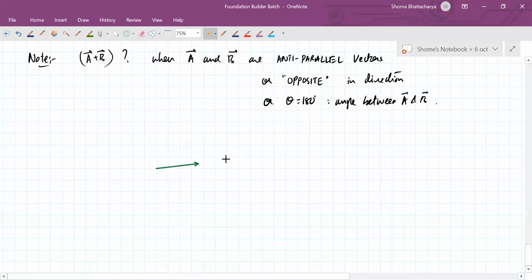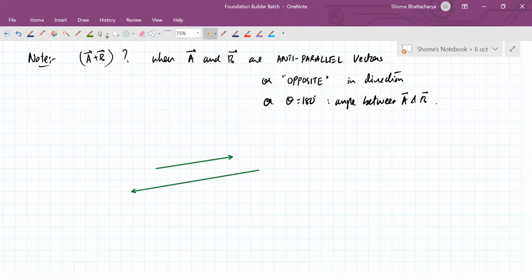If A is a vector like this and B is a vector like this, they are anti-parallel to each other. They are along anti-parallel lines.